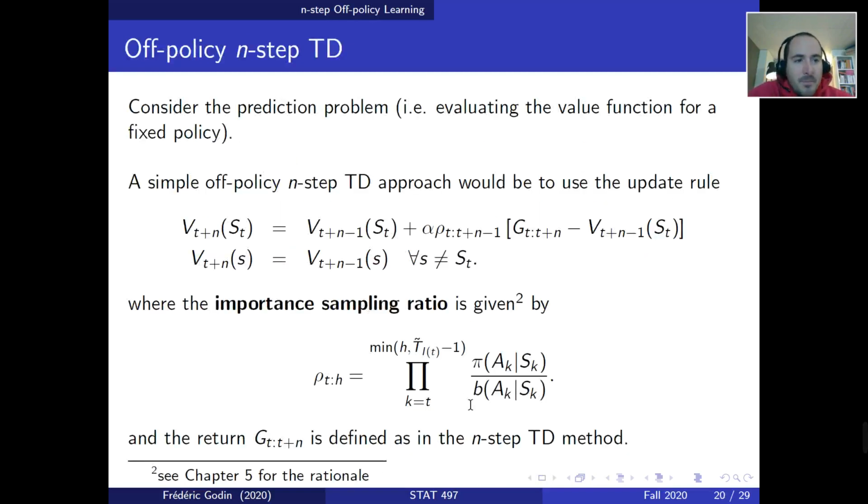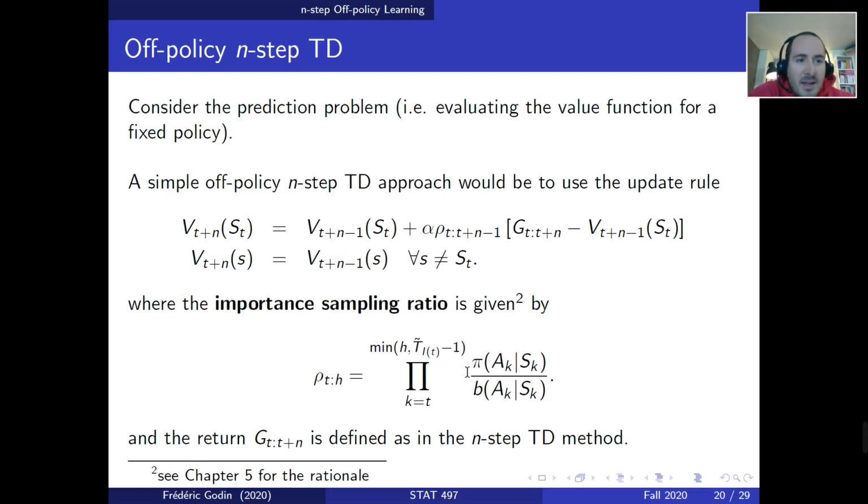For example, this is a ratio. If b is very small for some actions, then this ratio can explode and become extremely large, or if pi is very small for some actions, then this ratio can become very small. So the importance sampling ratio can be very volatile, with an extreme variance.